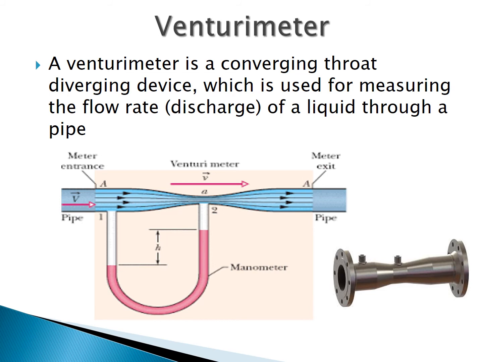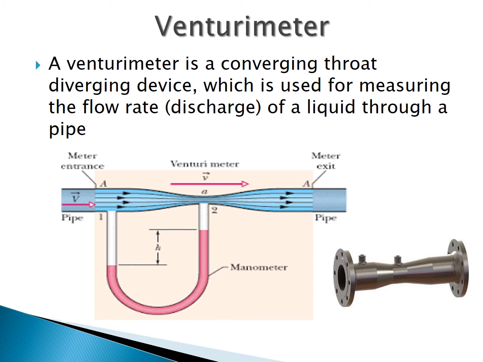We have fitted one U-tube manometer. When the fluid flows through the venturimeter, due to the constricted passage at point 2, that is the throat, we have very less area. Since the area is less, from the continuity equation the velocity will be more.